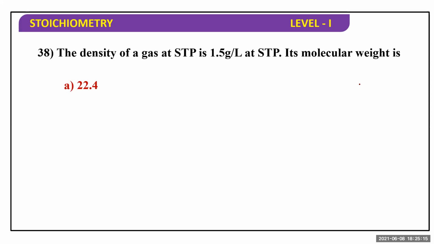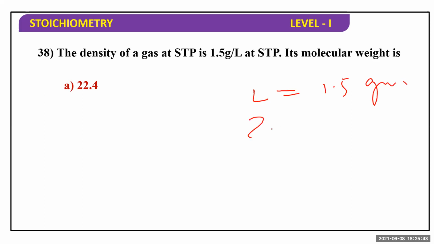Question: the density of a gas at STP is 1.5 gram per liter. Its molecular weight is, the density of the gas is 1.5. That means weight of 1 liter equals 1.5 gram.